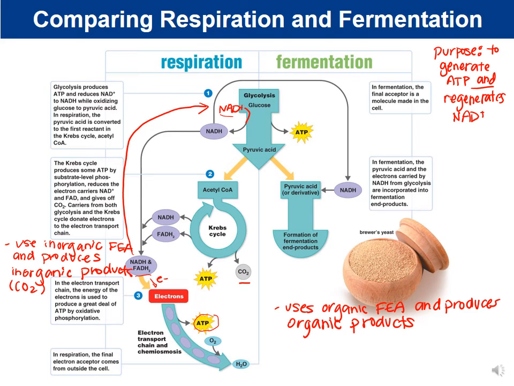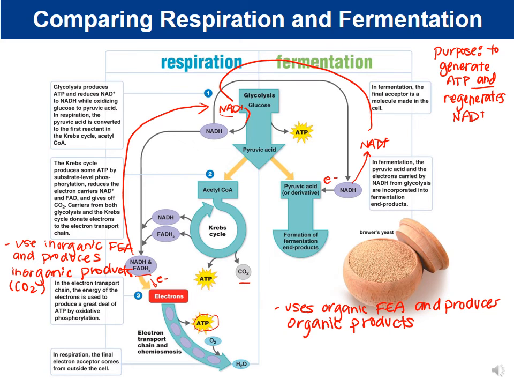NAD plus needs to be produced so that glycolysis can keep happening. So NADH is going to drop off electrons to pyruvate, and when it does that, it forms the NAD plus. And then now the NAD plus can go back and can be used in glycolysis so that at least glycolysis can continue, so that we can get the ATP during glycolysis.